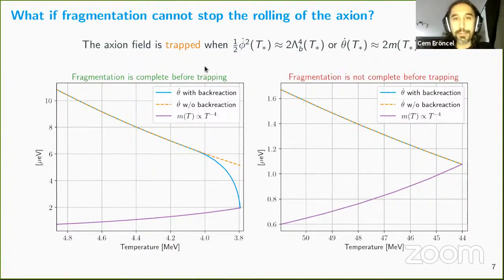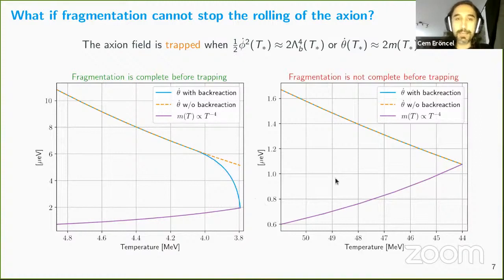So there are two possibilities here. One possibility is the possibility that I already told you about. First, the fragmentation happens, but the effect of the fragmentation is small. So the evolution of theta dot with and without back reaction coincide. But at some point, strong fragmentation kicks in and the axion field stops rapidly due to the back reaction.